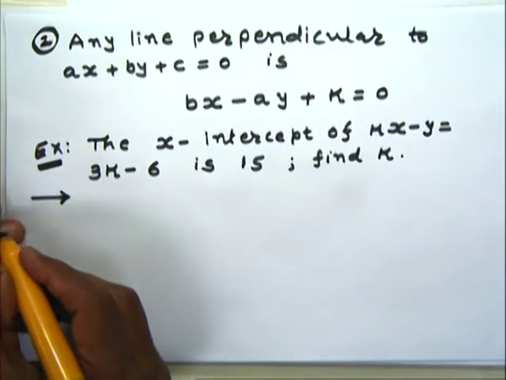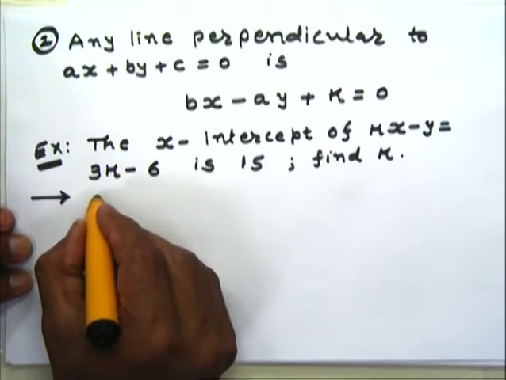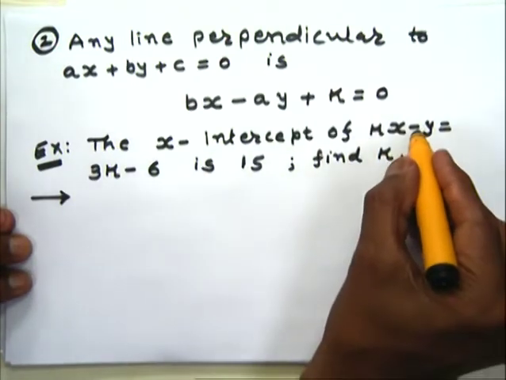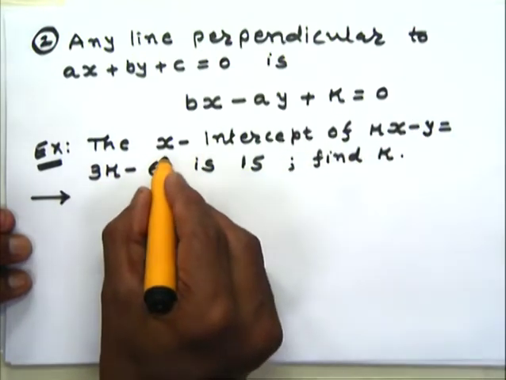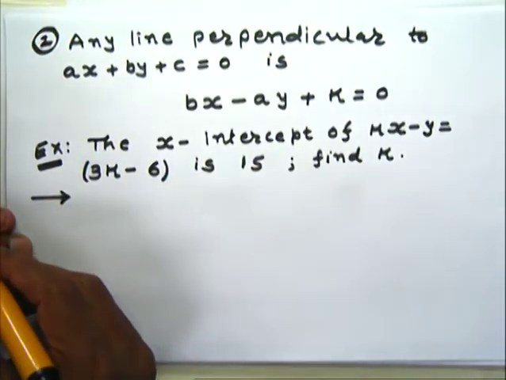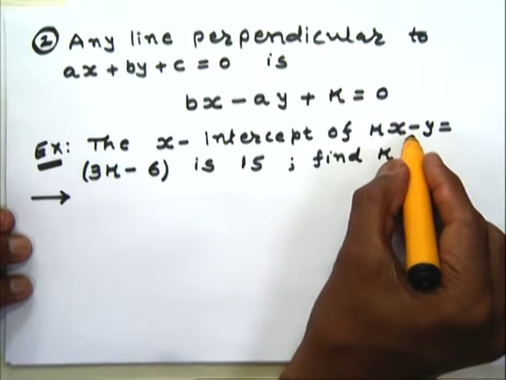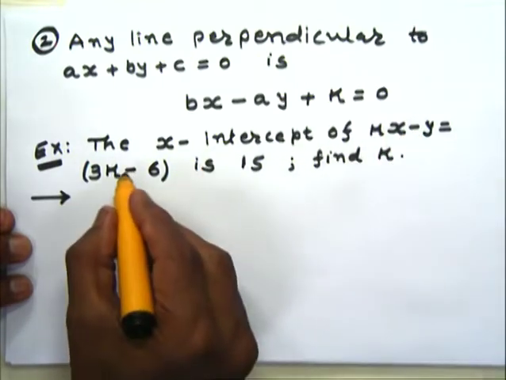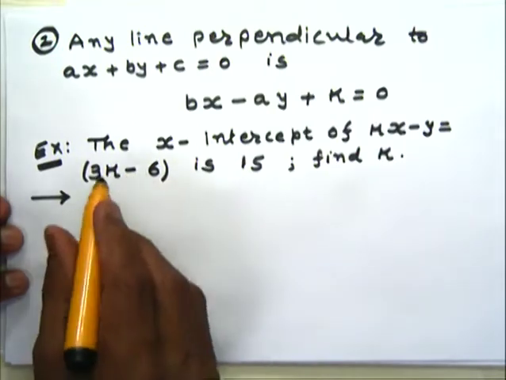We rewrite the given equation in the standard form. The given equation is kx minus y equal to 3k minus 6. This is what we are given. Let us divide the equation of the line by this quantity, that is 3k minus 6.